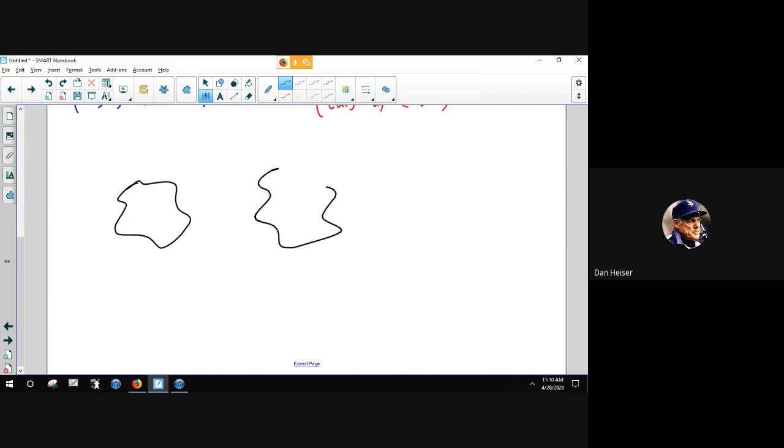We'll call this C and D. Let's say I have 1, 2, 3, -1, 5. So we do this, we do this, and we do this. And that is a function. Every x gets 1 y. There are no double arrows.